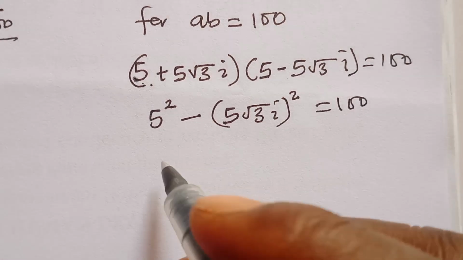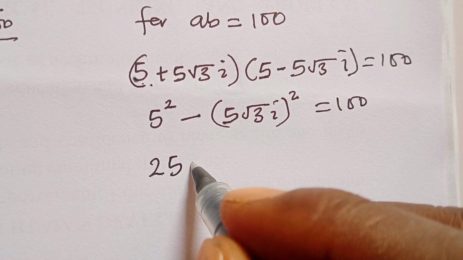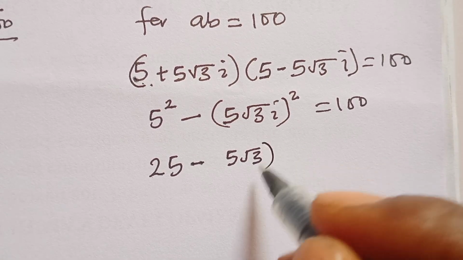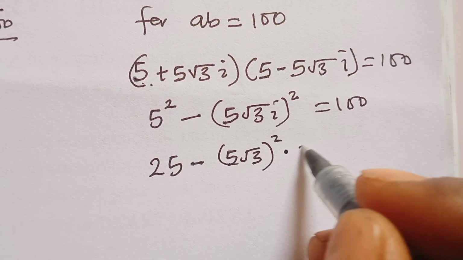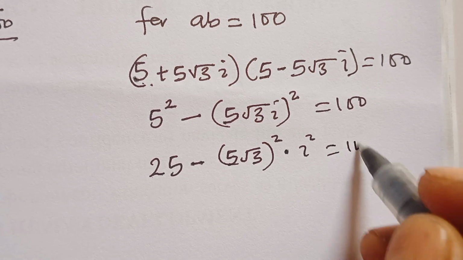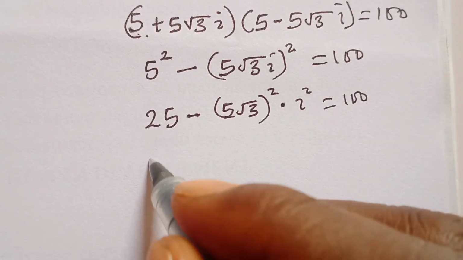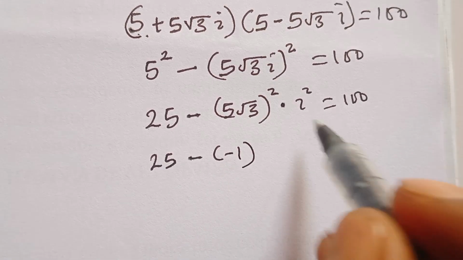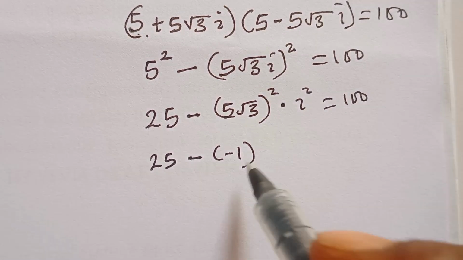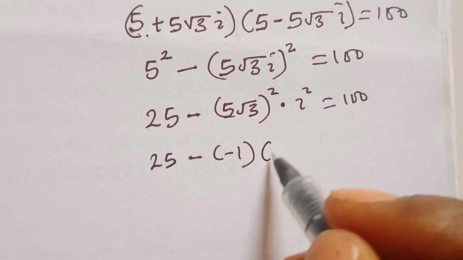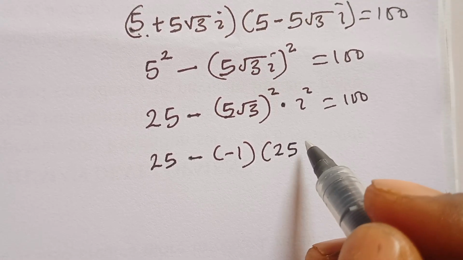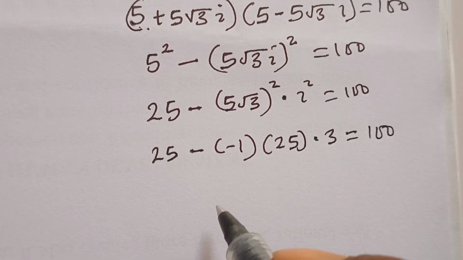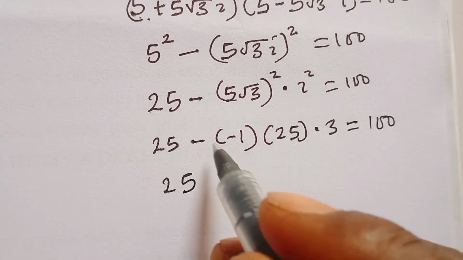So therefore, we have 25 minus 5 square root of 3, everything square. So that we'll be able to eliminate the i square, since i square is minus 1. So now we are having 25 minus, with i square being minus 1, multiplied by 5 squared, that's 25, multiplied by the square root of 3 squared, you cancel the square and the root, so that way we have 3.